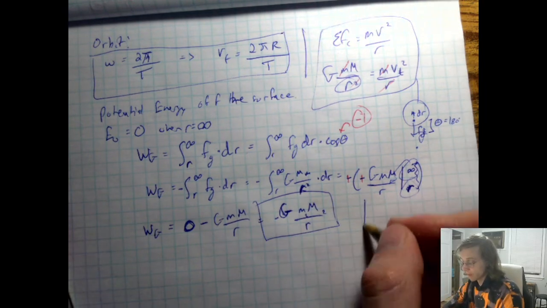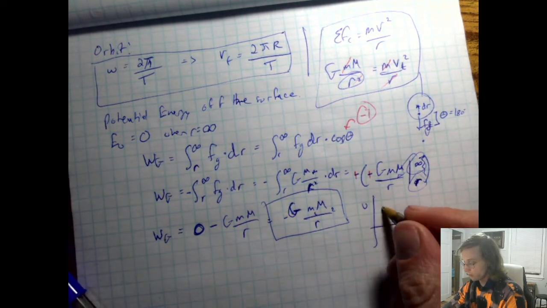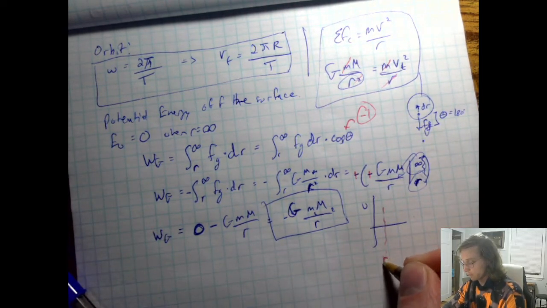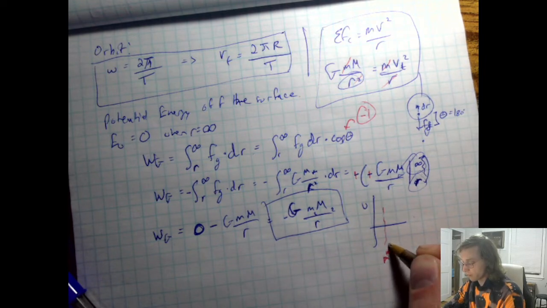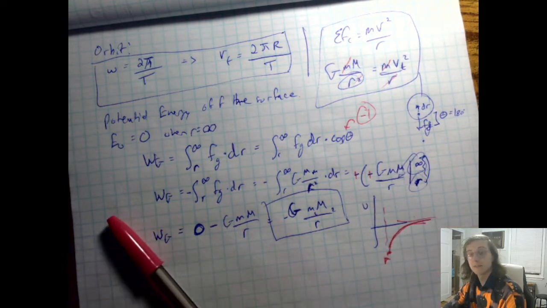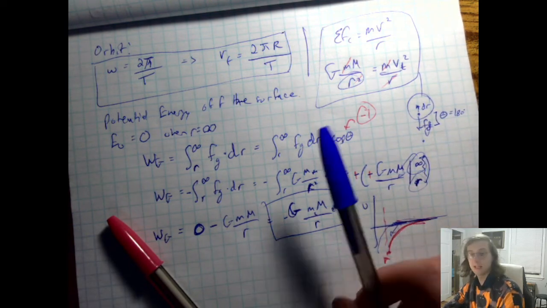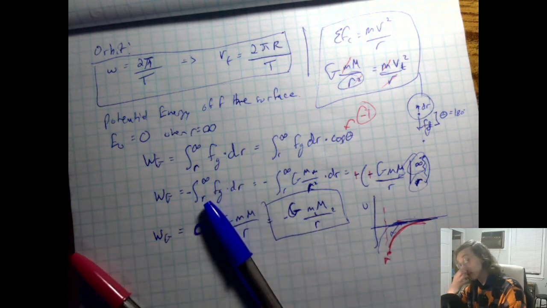So if you look at a graph of potential energy, that potential energy will start when you're at the radius of a planet at a big negative number, and then as you get further away from the planet, there's less of an energy well trapping you inside of it, because the planet is going to pull you back towards the planet if you let go of the object.